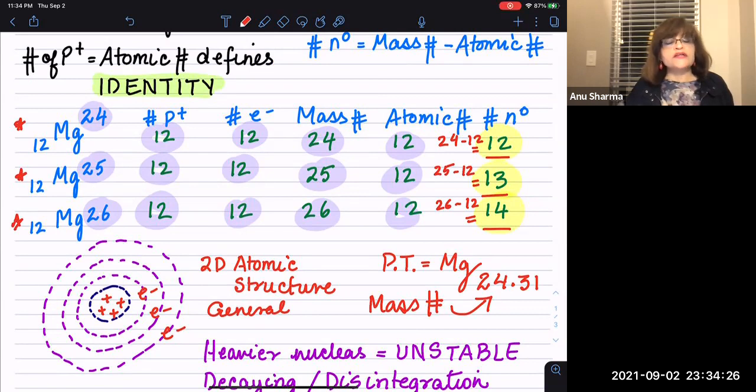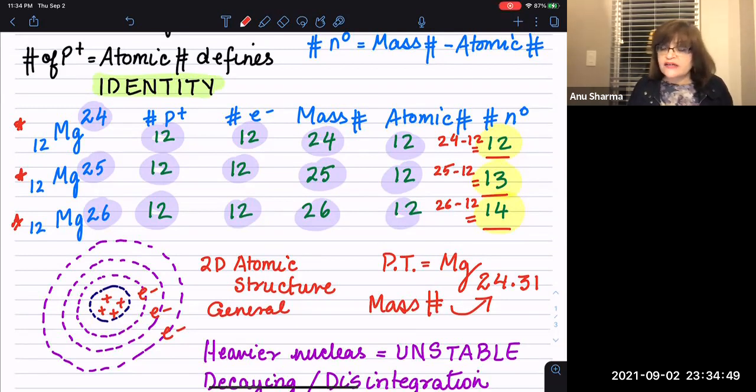Magnesium 24 is more readily available, more abundant, so more samples of it are found in nature. But magnesium 25 and magnesium 26 are found in lesser amounts.